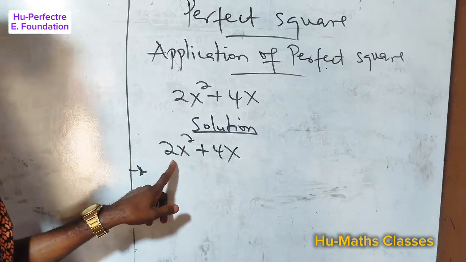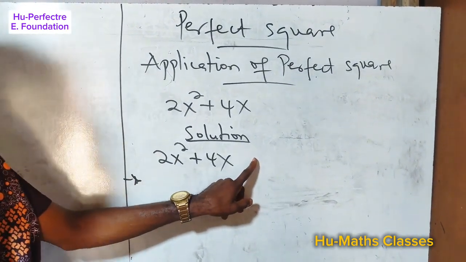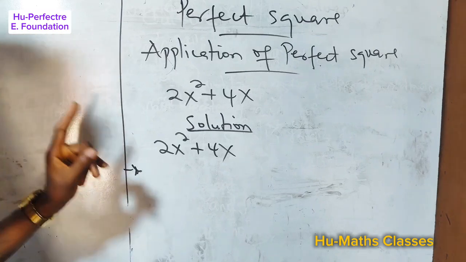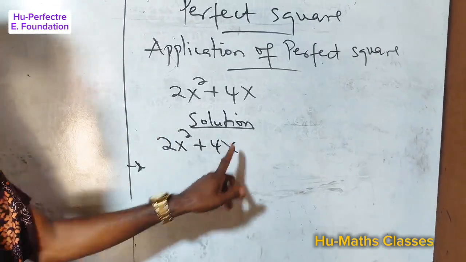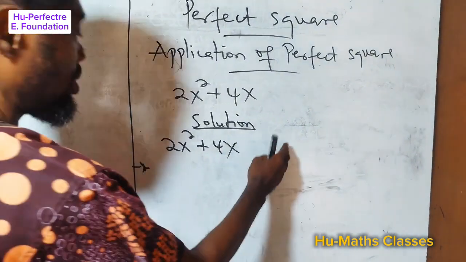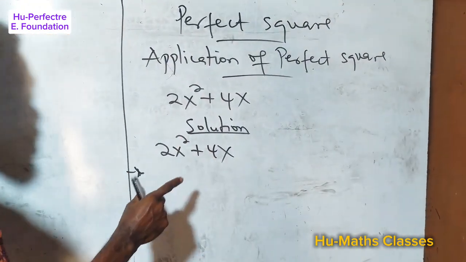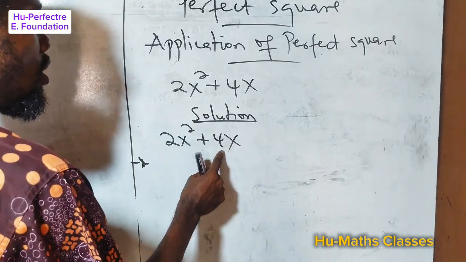So here's our first variable. This is our second variable. If there's any number attached, that will become our third variable. Your second variable is the one that has power 1. There's a power 1 here, but it's not shown. Then we have the constant. But in this expression, we only have two terms here, 2x to the power 2 and 4x.